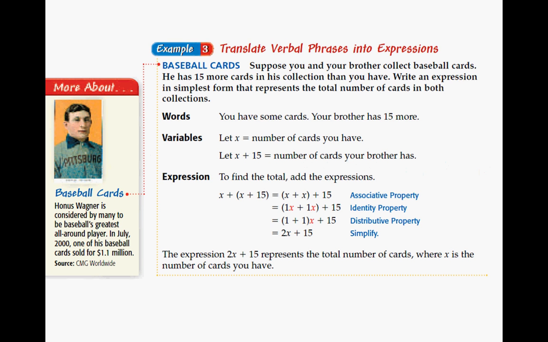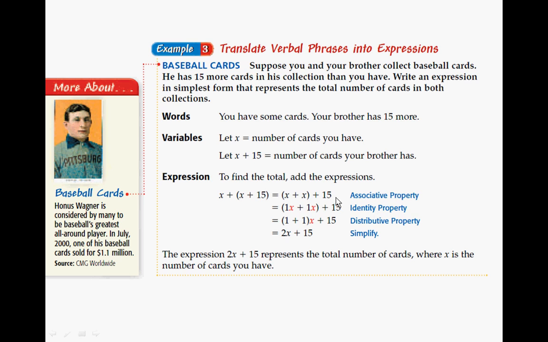All right, you can also use expressions when you translate verbal phrases. So here is a word problem. In words, you identify the important parts. You have some cards, your brother has 15 more. You pick a variable or an unknown to represent the cards you have, and then you have an expression that represents the cards your brother has.